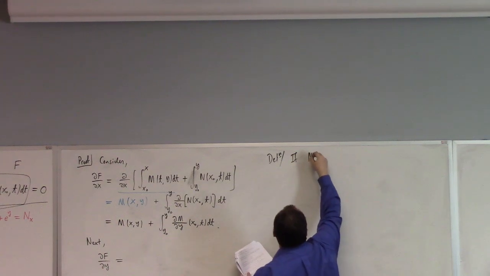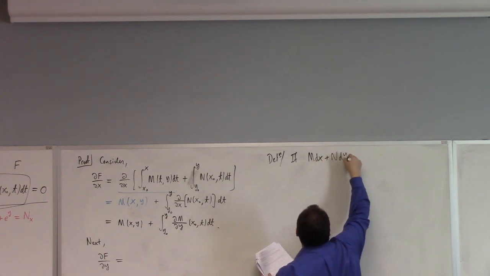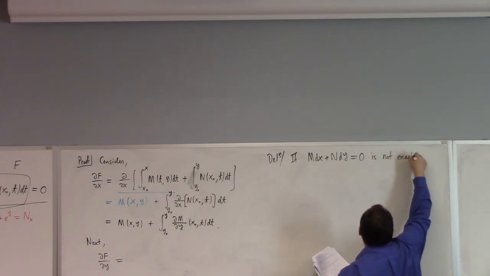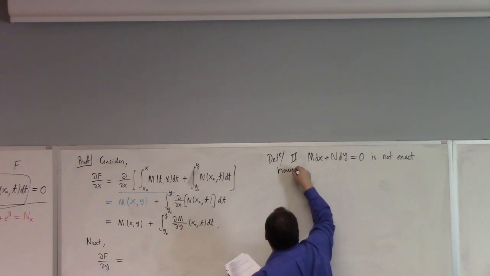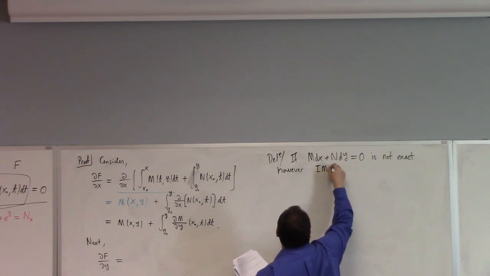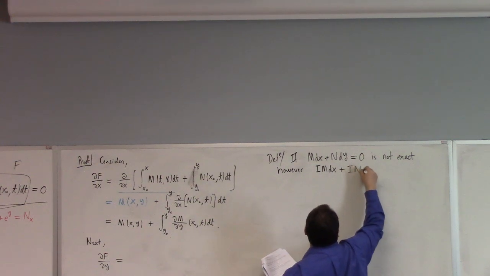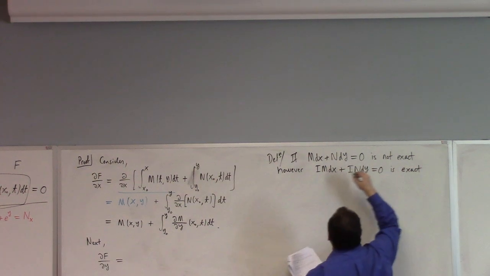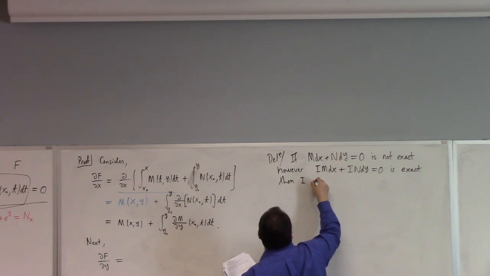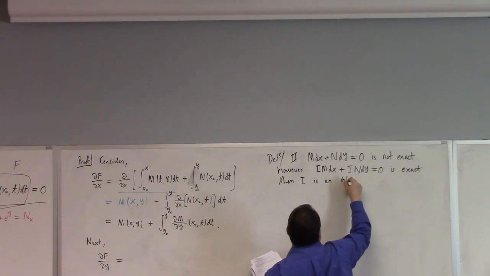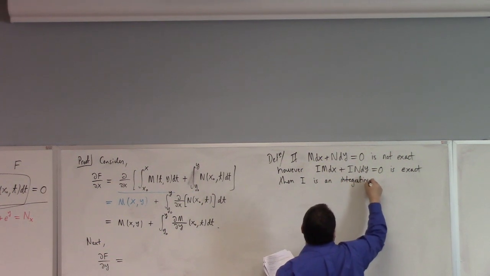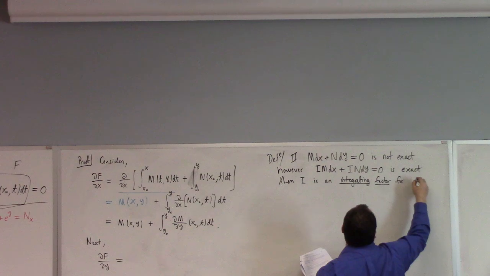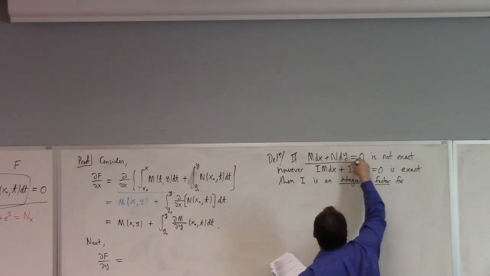If m dx plus n dy equals 0 is not exact, however, im dx plus in dy equals 0 is exact, then i is an integrating factor for, let me give this thing a name, star.